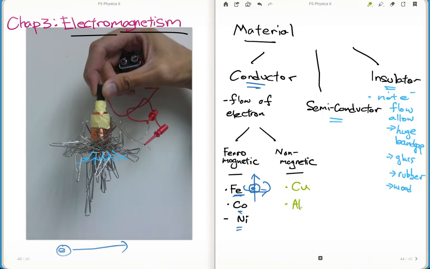Don't confuse yourself, because there are some aluminum bars whose surface has been oxidized. When aluminum reacts to form aluminum oxide, it no longer conducts electrons.